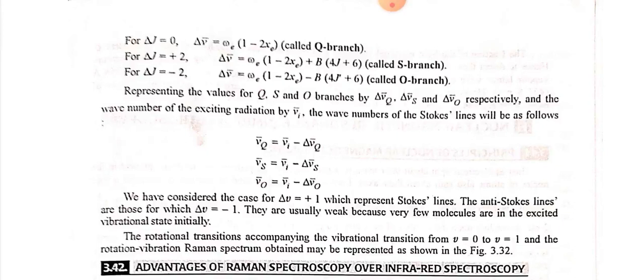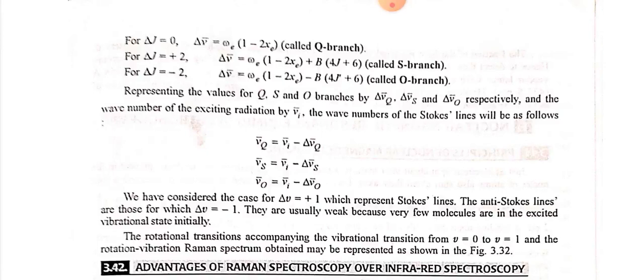For delta J is equal to minus 2, delta nu bar is equal to omega e into 1 minus 2 omega e x e minus B into 4J dash plus 6, called O branch. Representing the values for Q, S and O branches by delta nu bar Q, delta nu bar S, delta nu bar O respectively, and the wave numbers are excited by the radiation of nu bar I.